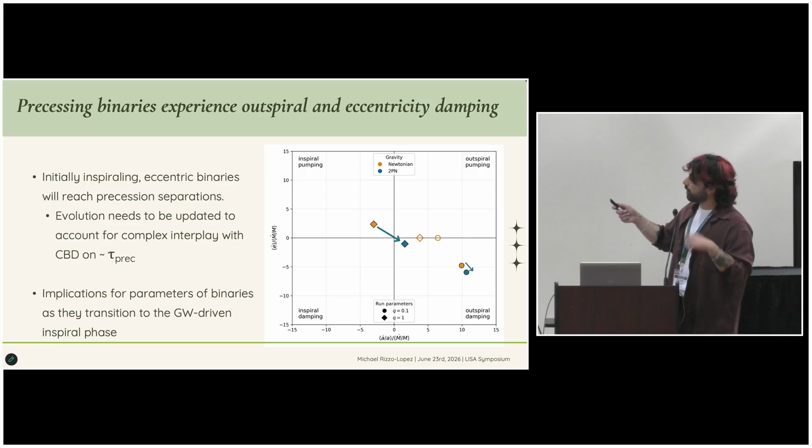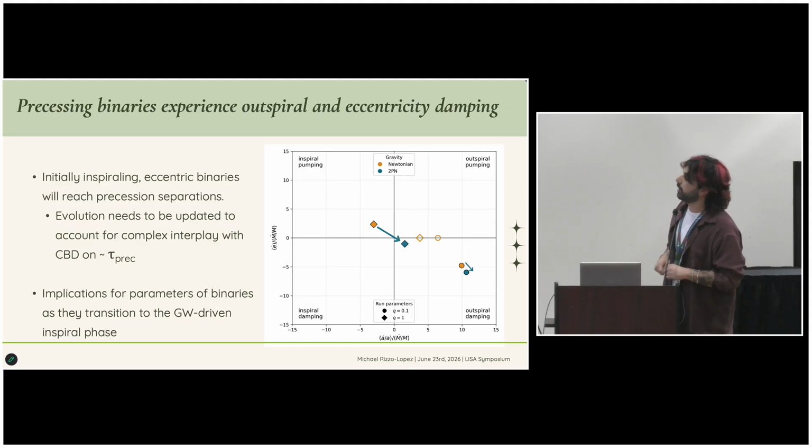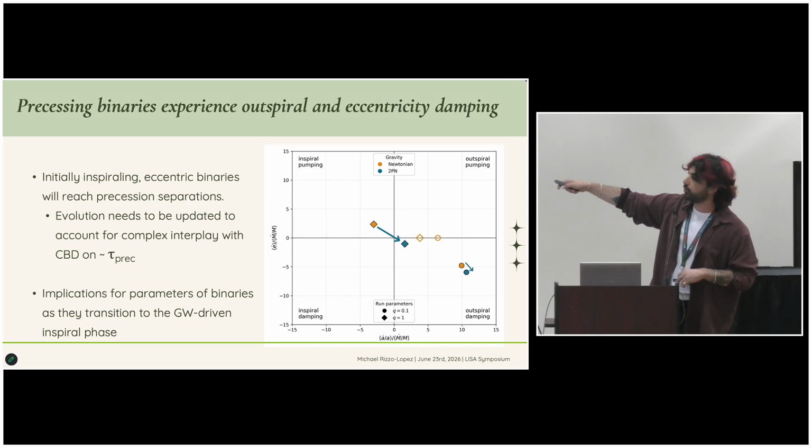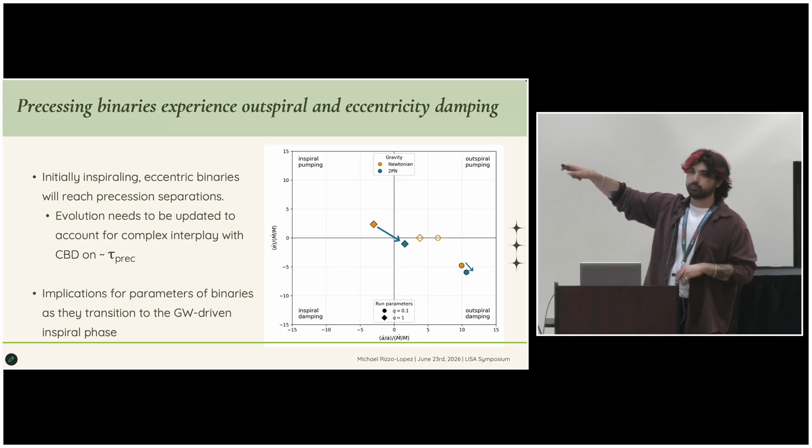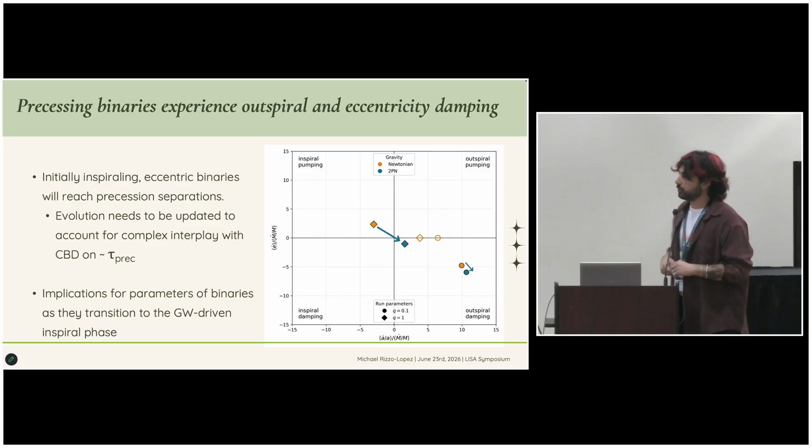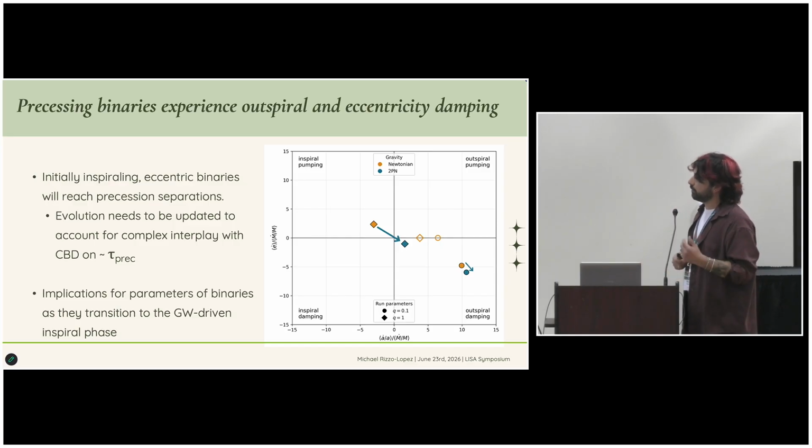And the main result that we see, in our color code, we have Newtonian binaries in orange, precessing binaries in blue. Our equal mass is the diamond, and our unequal mass is the circle, both of which seem to move over to this out-spiraling and damping regime of evolution.